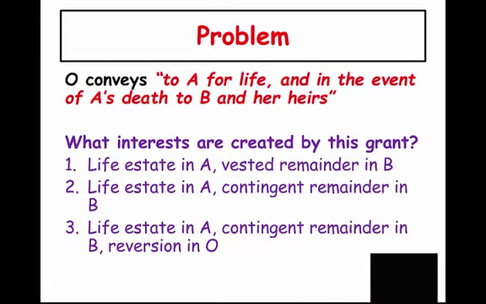As written, this grant seems like it might be a little ambiguous because as it's written, in the event of A's death to B and her heirs, it seems to suggest that B has to fulfill a condition.